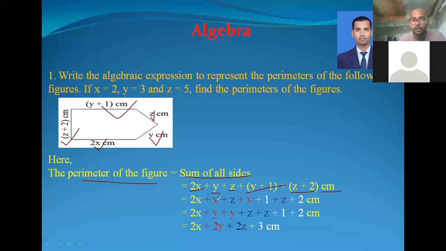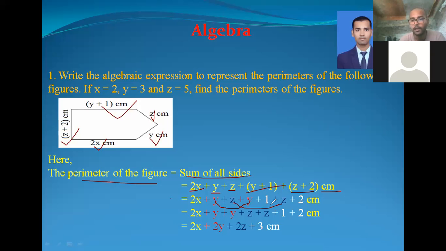So here y is given in red color, so these two are like terms. In the same way, z are given in blue color, so here you can see the z are like terms, and in the same way 1 and 2 are given in white color.